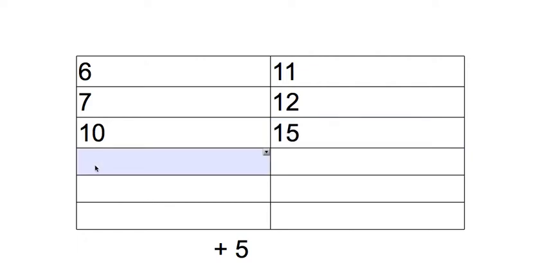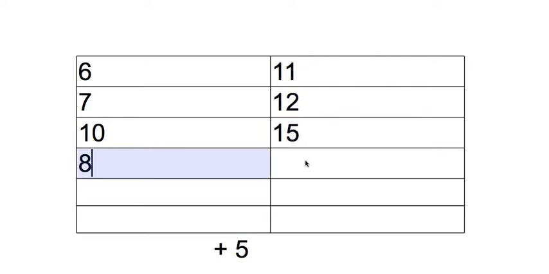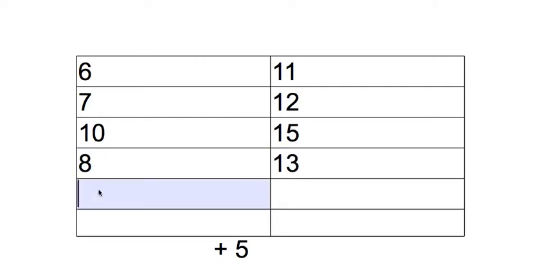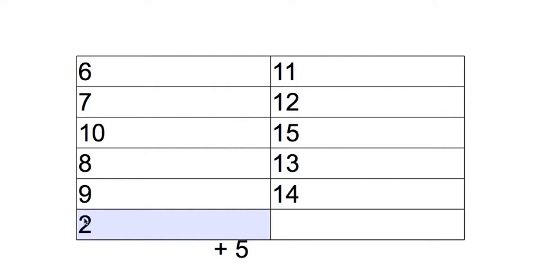If my input is 8, what is my output? You should have 13. If my input is 9, what is my output? You should have 14. If my input is 20, you should have your output as 25.